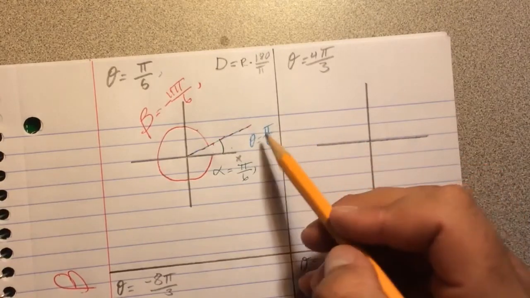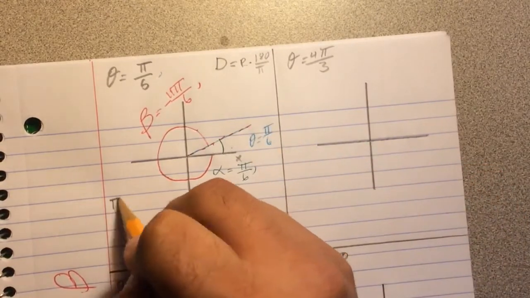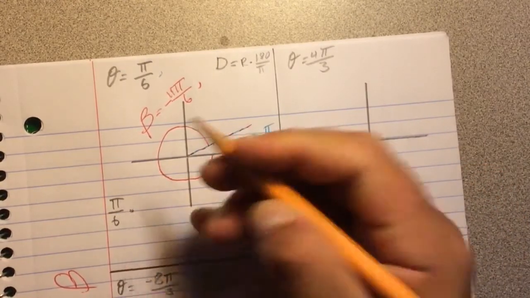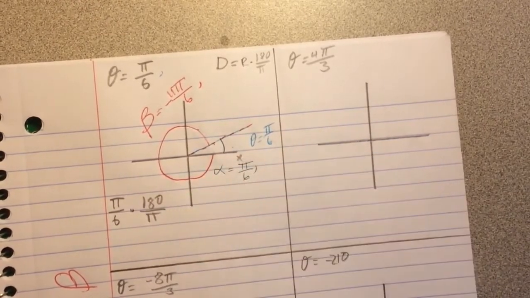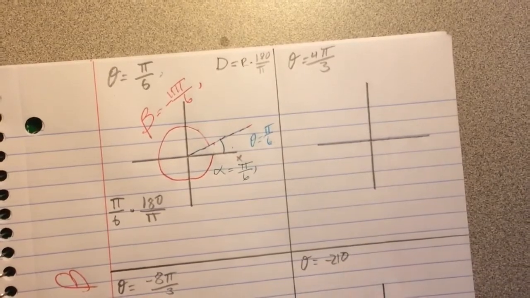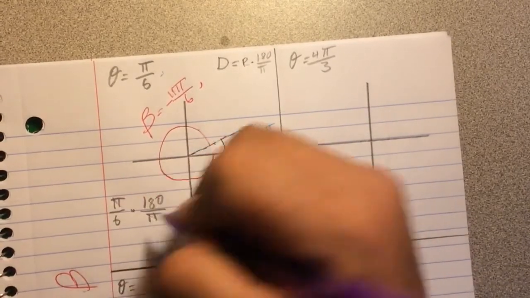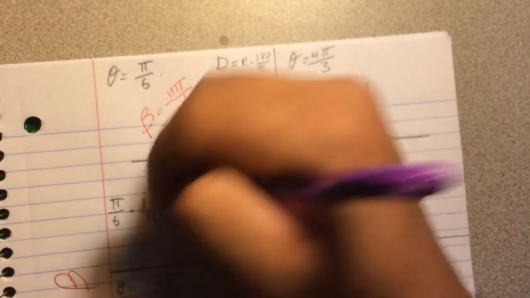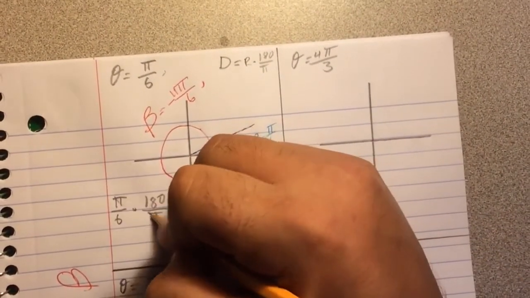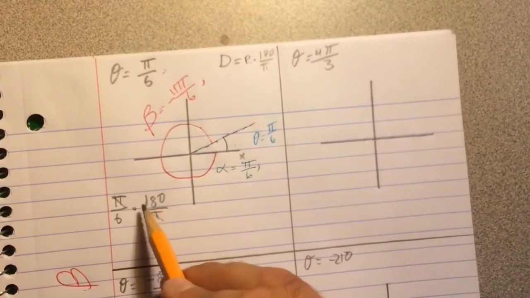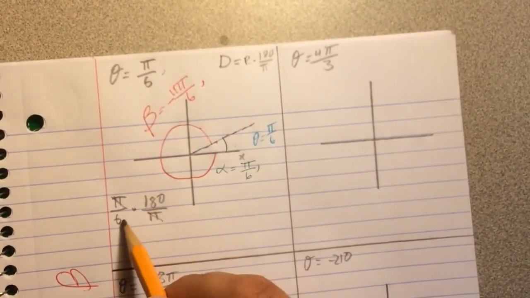All right, so for our first one, we have our theta, which is pi over 6. We're going to multiply that by 180 divided by pi. Already we can see that we can reduce the pi's. Okay, I'll just use pencil. So we can reduce the pi's, and we're left with 180 divided by 6.